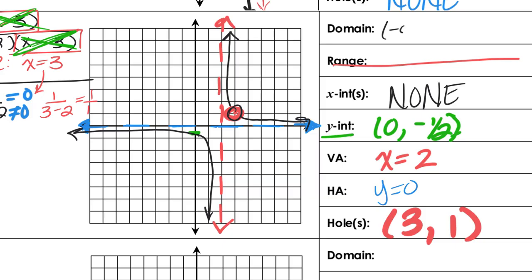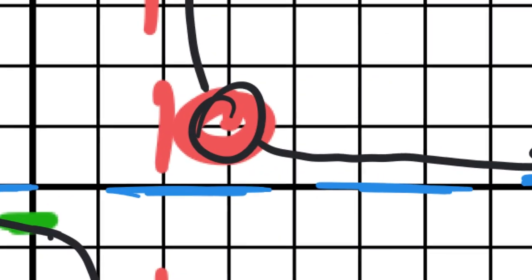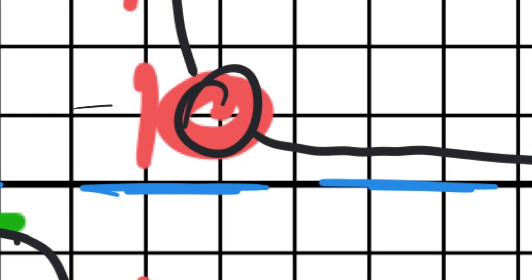So my domain is going to start at -infinity, and we're going to move this direction all the way until we hit the first discontinuity, which is my asymptote. So we make it past the asymptote, and there's a little bit of space before we hit a hole. So if I'm going to zoom in really big here, we're coming over here, we hit this asymptote, right? We jump over the asymptote and keep going.